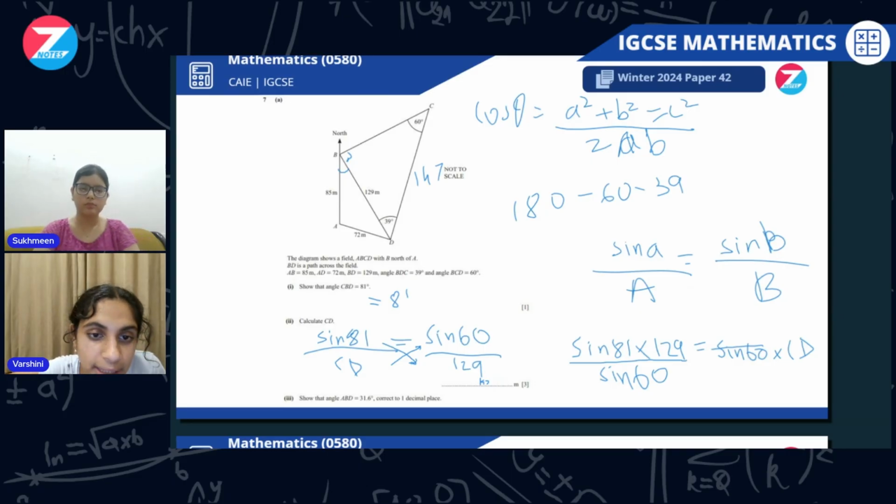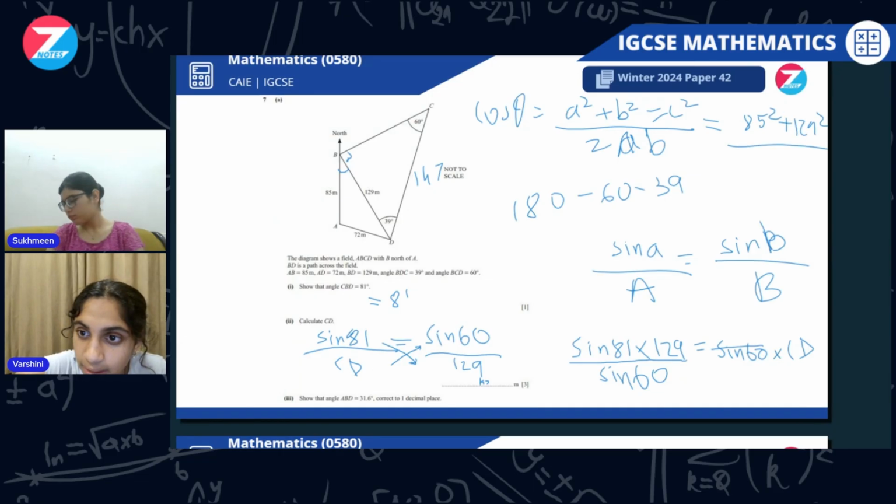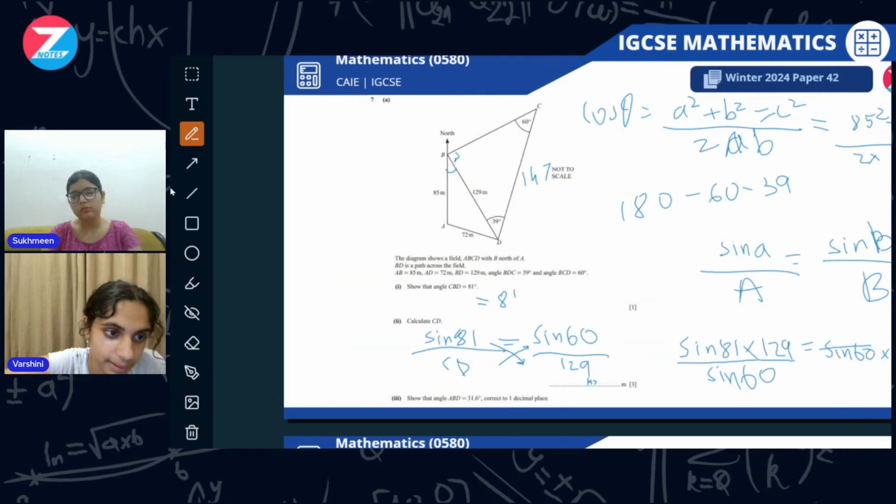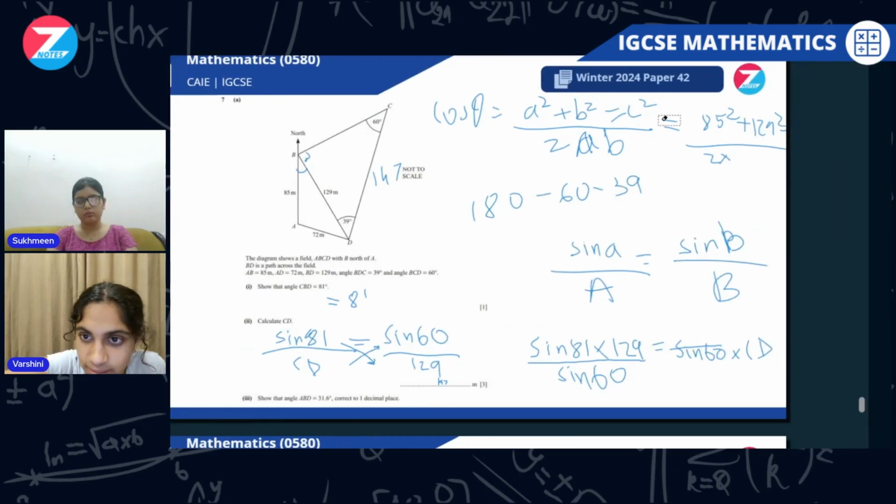And we know that the theta has to be in between a and b over here, and c has to be the opposite side. So we can just substitute a and b as 85 and 129, and c as 72. So that's going to become 85 squared plus 129 squared minus 72 squared divided by 2 into 85 into 129. Sorry, let me just make this a little neater.